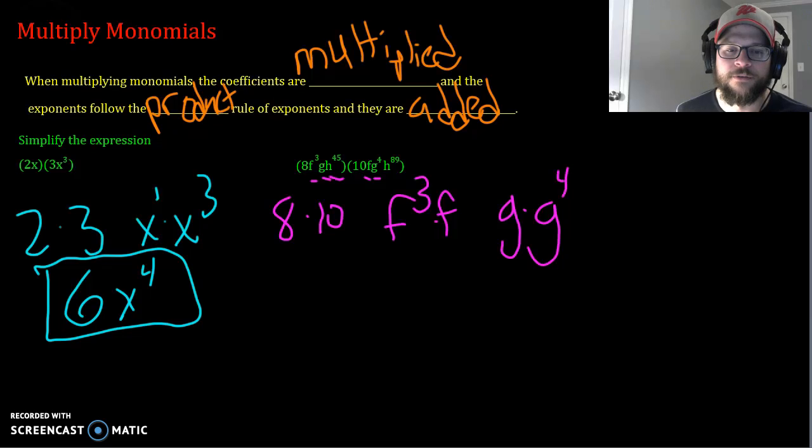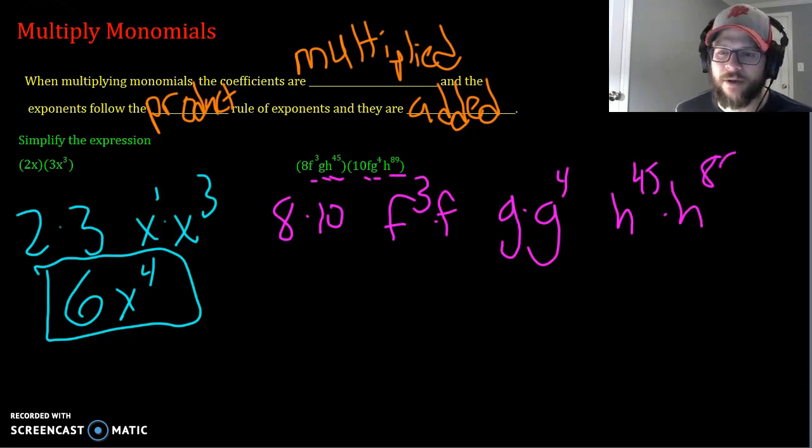Then an h to the 45th. And an h to the 89th. Notice how I'm essentially just reordering these things. They're all being multiplied, and it does not matter which order you multiply them. Just sometimes it's easier to organize them with like terms together.